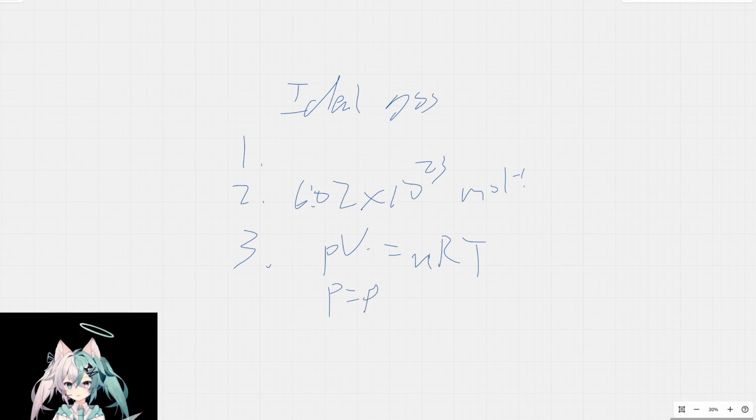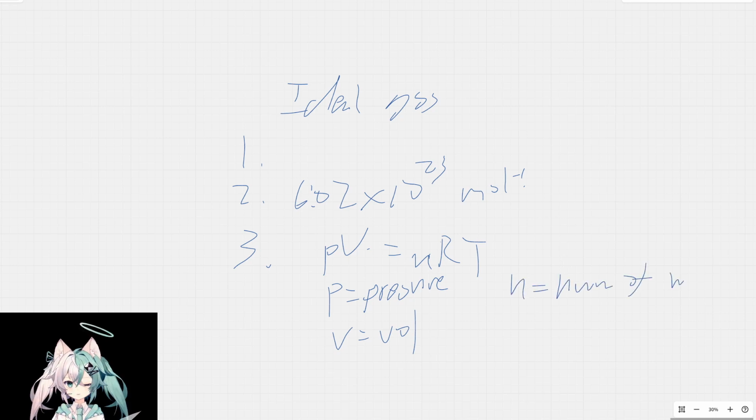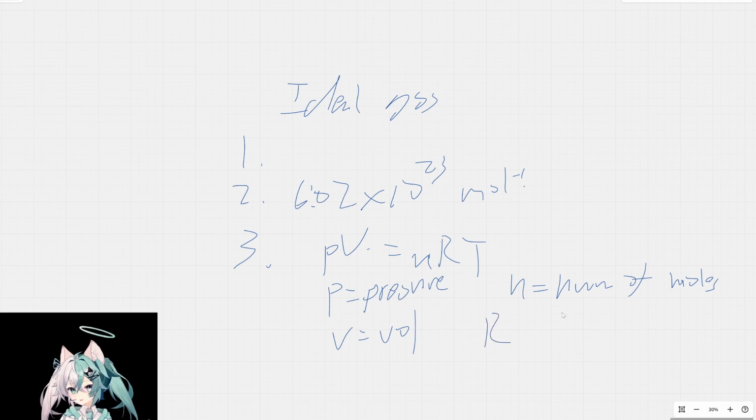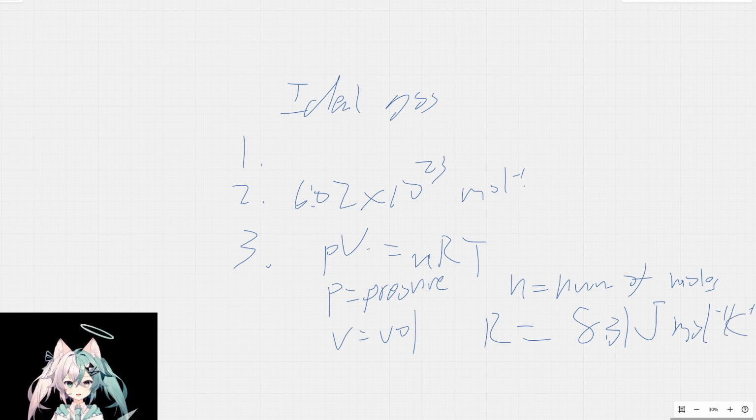P stands for pressure, and V stands for volume. The n stands for number of moles. The R stands for the molar gas constant, which is 8.31 joules per mole per Kelvin.